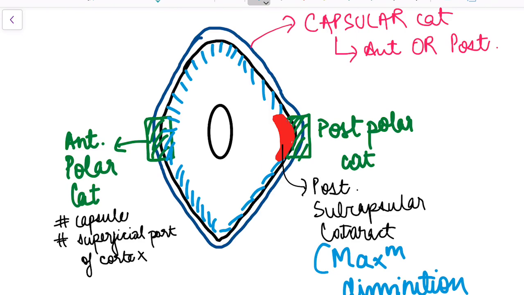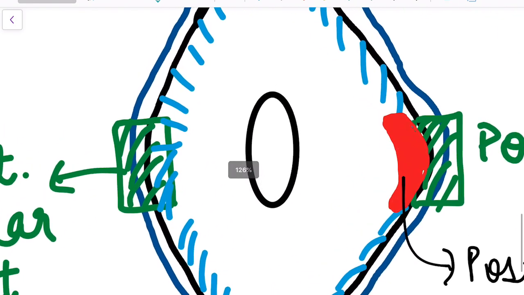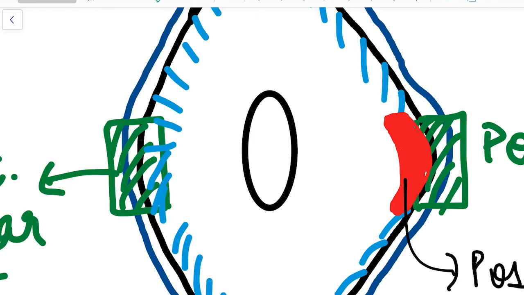Right? Out of all the cataracts, the maximum diminution of vision is caused by which cataract? Posterior subcapsular cataract. So in the center we can see this part, nucleus, right?